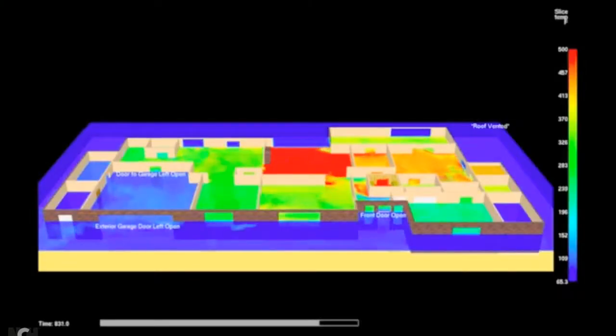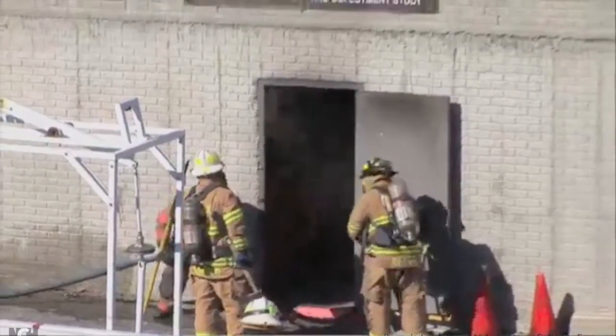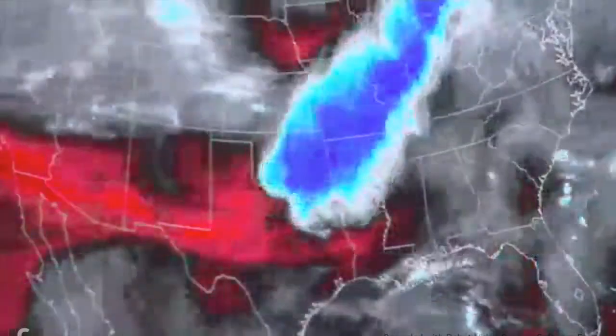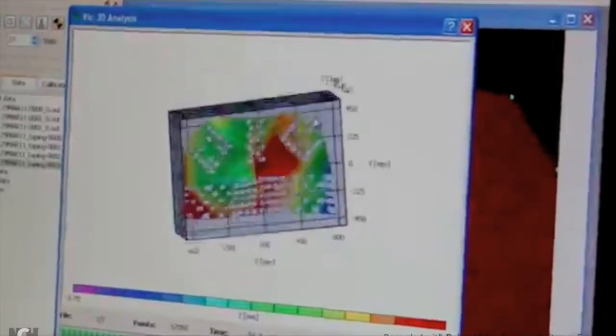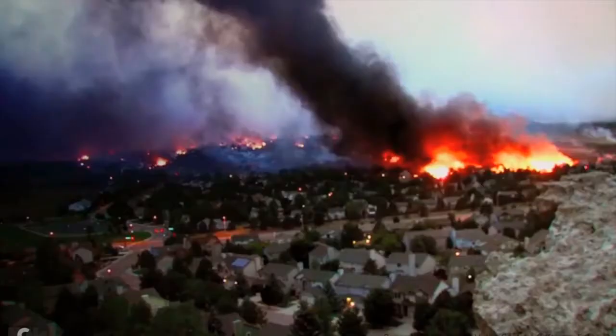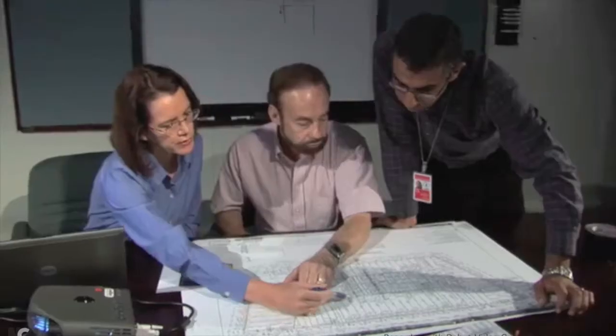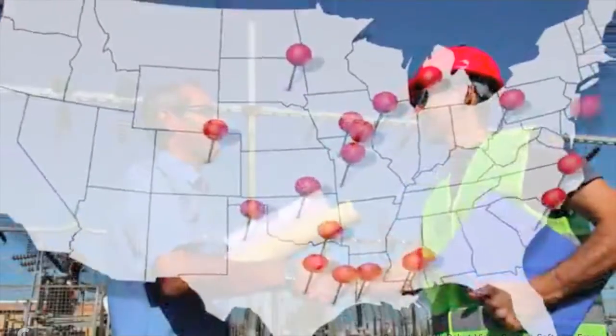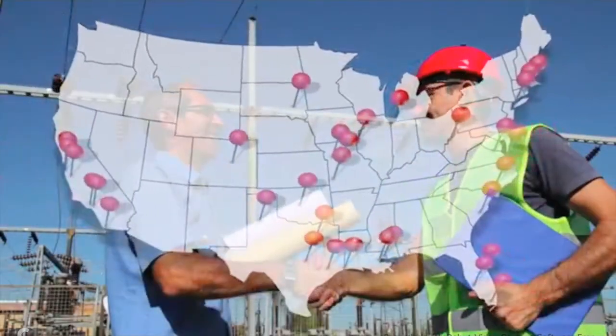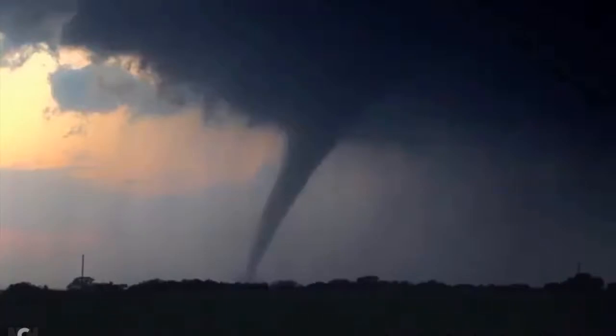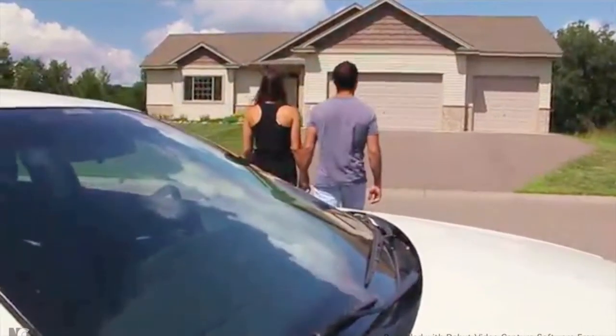We're developing strategies to shorten response times and get people out of danger quickly. We're promoting best practices to minimize the impact and disruption caused by these events. And we're working to improve codes and standards that better protect both lives and property. Together, NIST and its partners are working with communities to ensure that the next time an extreme event lands a punch, we stay on our feet, we bounce back.